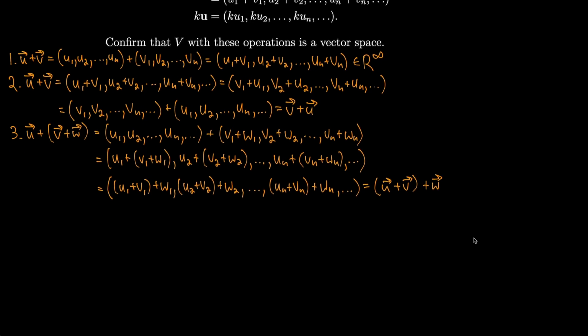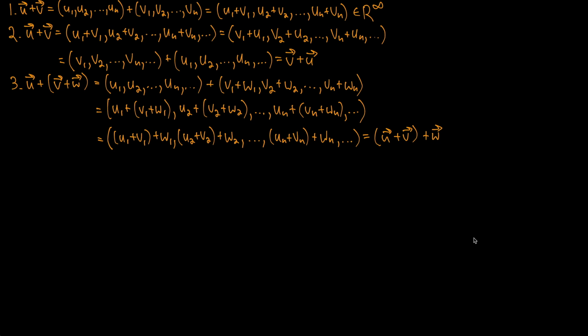Next up, I have to check that the 0 is here. So I'll just take 0 to be the vector with a whole bunch of zeros for each of the components.